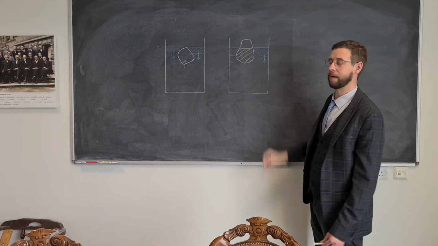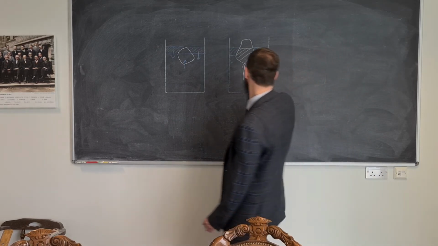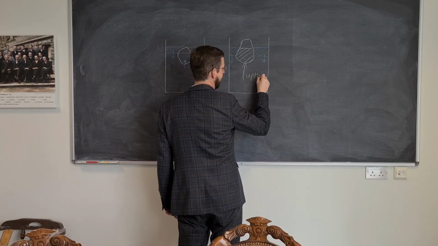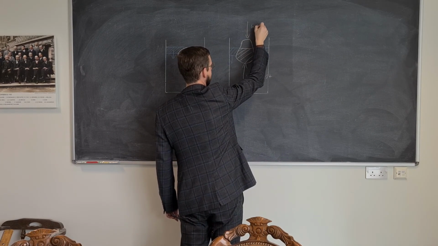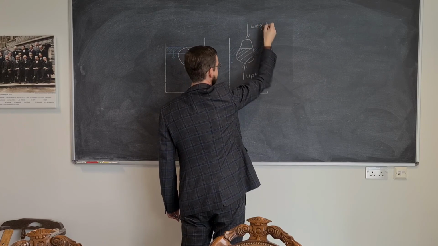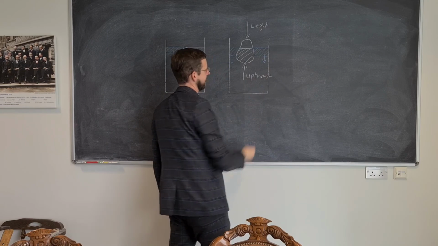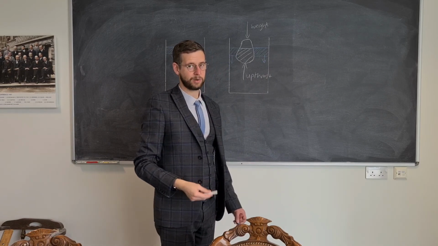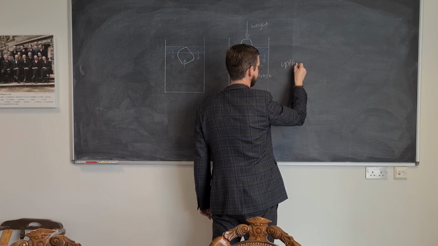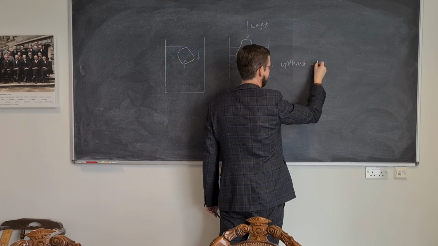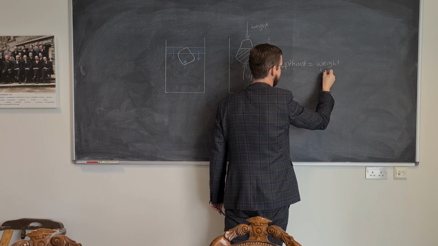It reaches a balance where the force of upthrust equals the weight of the object. And then the upthrust here is equal to the weight of the displaced water that's causing it in the first place. So the upthrust is equal to the weight of displaced water.